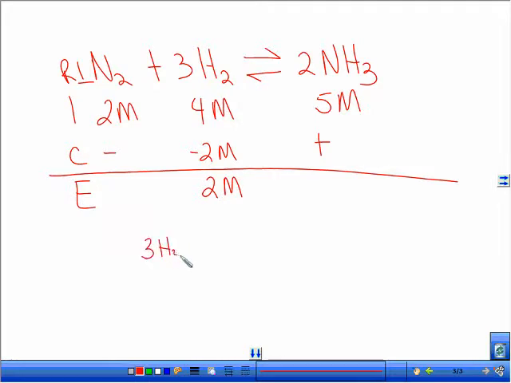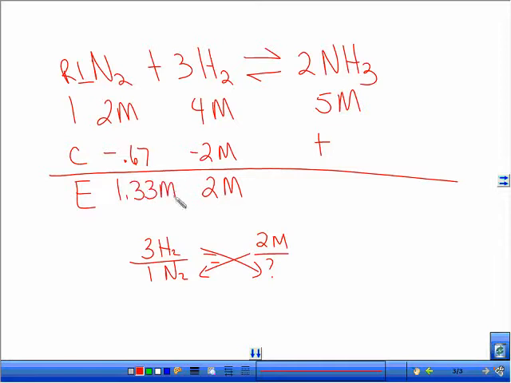For every 3 hydrogens, there is 1 nitrogen. So therefore, if this guy is 2 molar, you could figure out this guy by doing some little cross multiplication there. And that is going to be 0.67. So if we take 2 and subtract 0.67, we will get 1.33 molar.